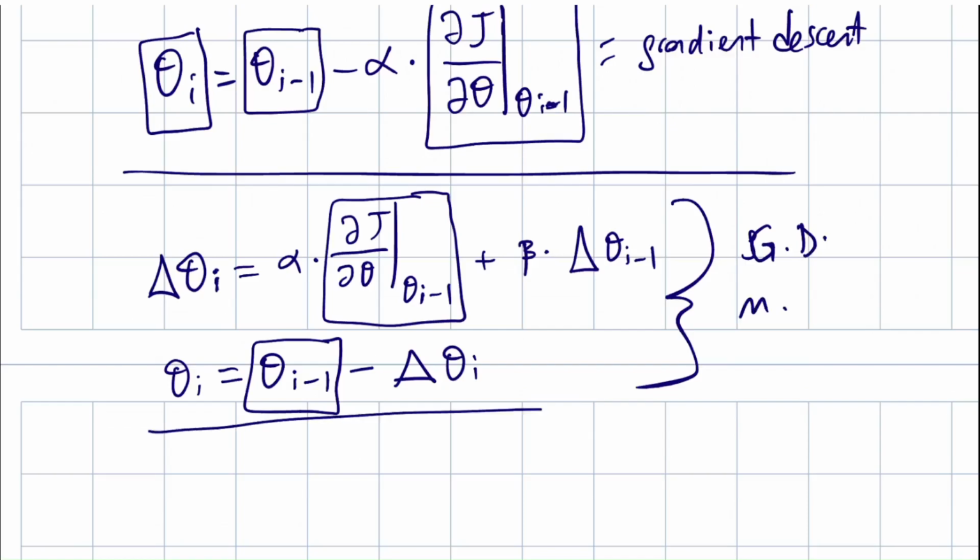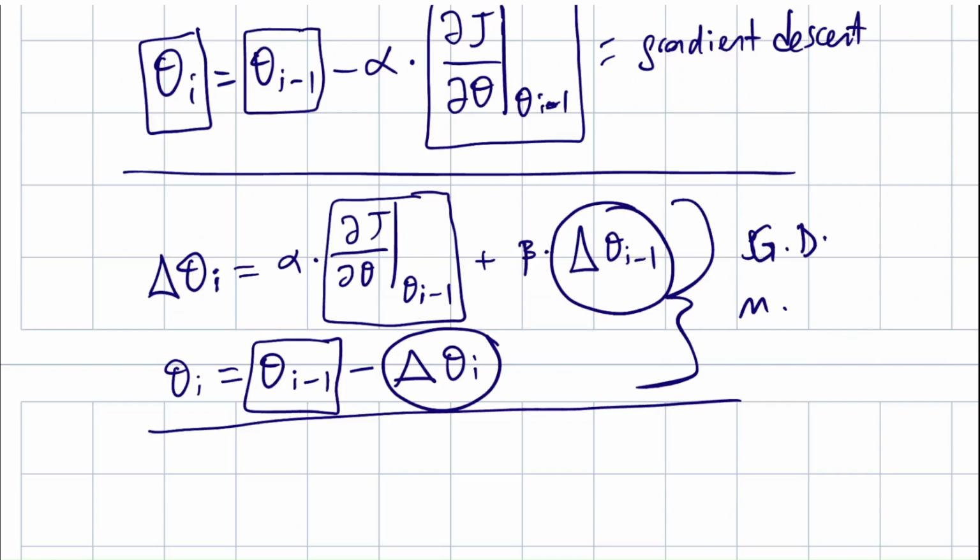Right. So I'm looking at my code, and for example, previous cost. No, wait a sec. Theta change. So this is what I called theta change, and this is what I called theta change previous.